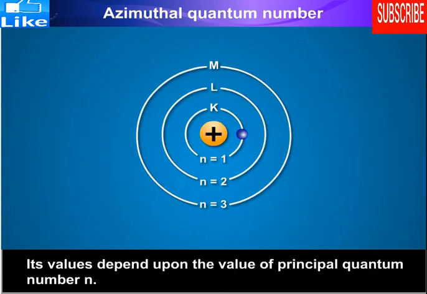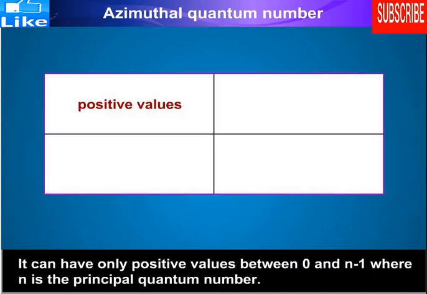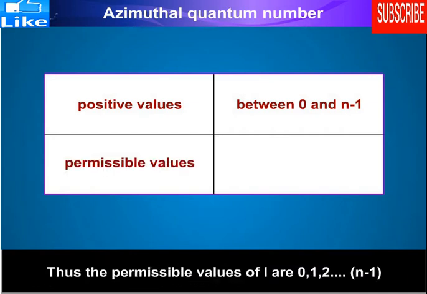Its values depend upon the value of principal quantum number, n. It can have only positive values, between 0 and n-1, where n is the principal quantum number. Thus, the permissible values of l are 0, 1, 2, and so on, up to n-1.